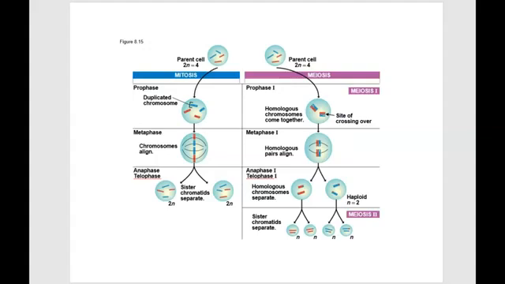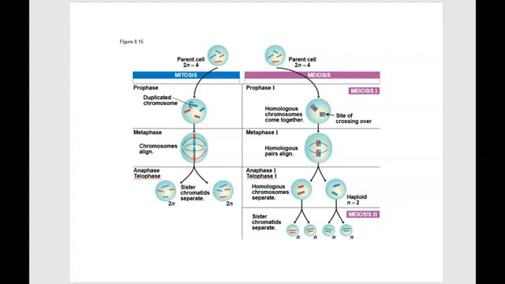Now is a good time to just take a step back and think about differences between mitosis and meiosis. I really like this diagram because it shows you the starting cell. So there's our parent cell, 2n equals 4, pair of long ones, pair of short ones. With mitosis, you go through 1 division and you end up at the end with 2 diploid cells, identical to the cell we started with.